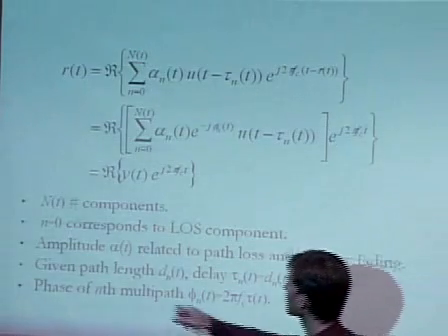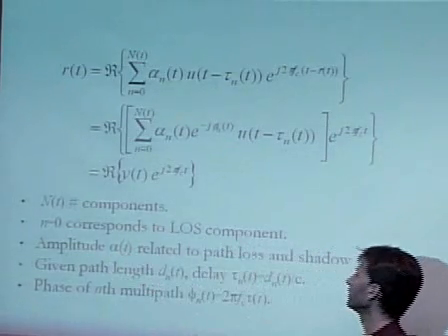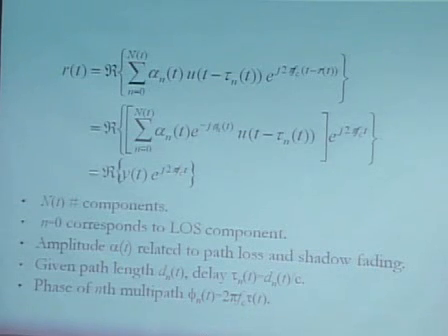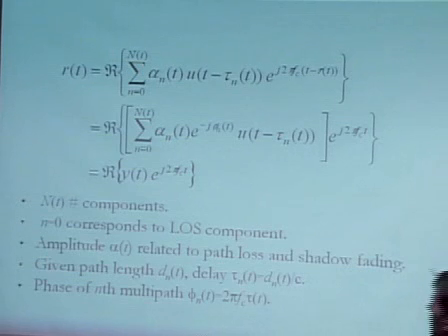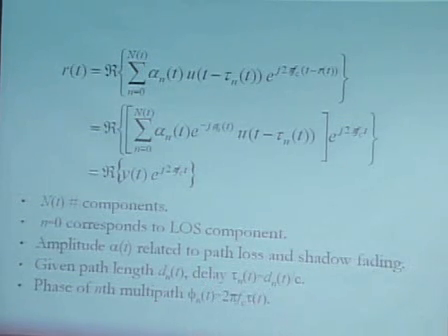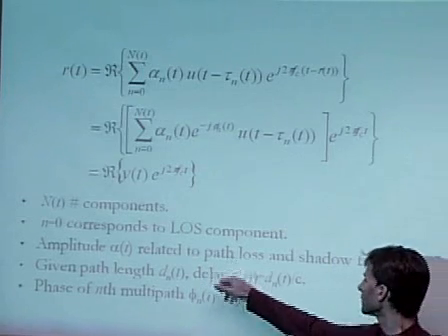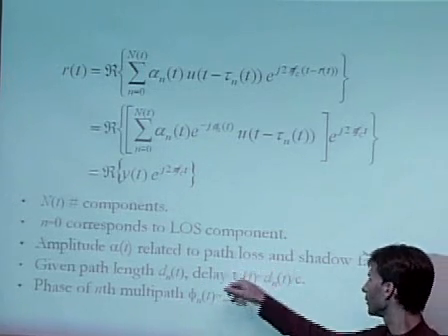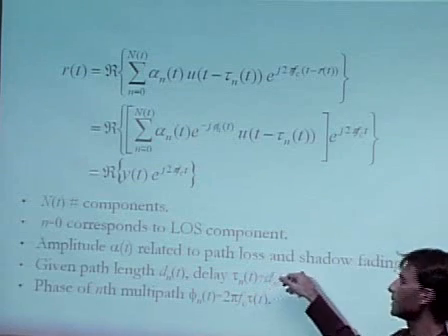Each component has an amplitude alpha sub n of t, which relates to path loss and shadow fading, something that we already studied. Each path has a length, d sub n of t, and an associated delay, tau sub n of t. And the delay is equal to the distance or the length divided by the speed of light.